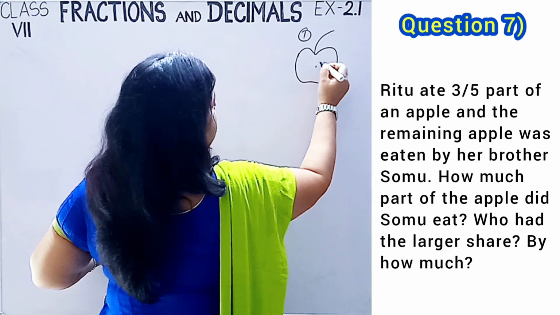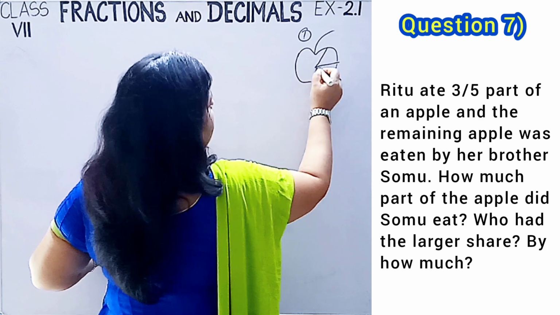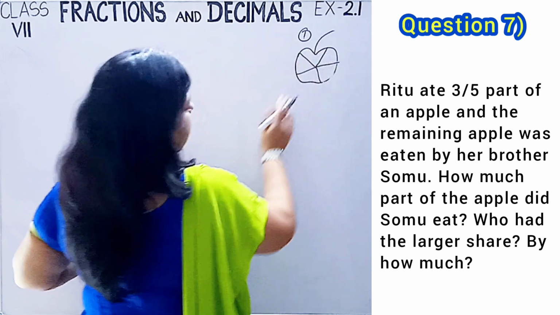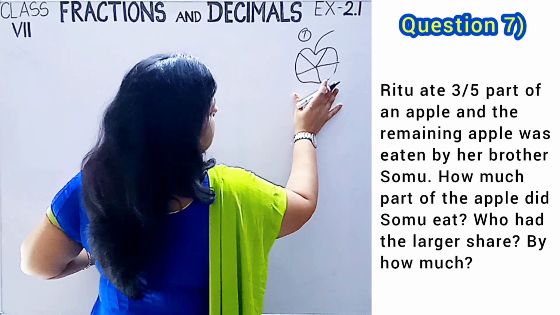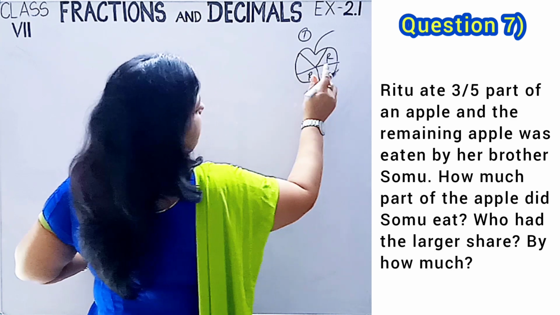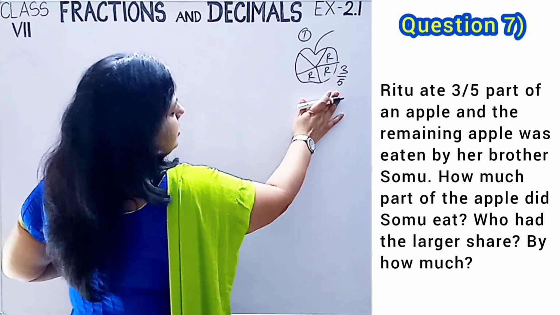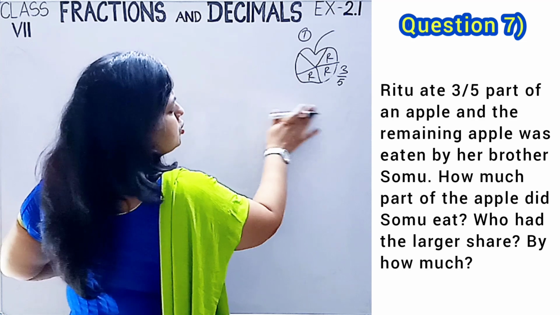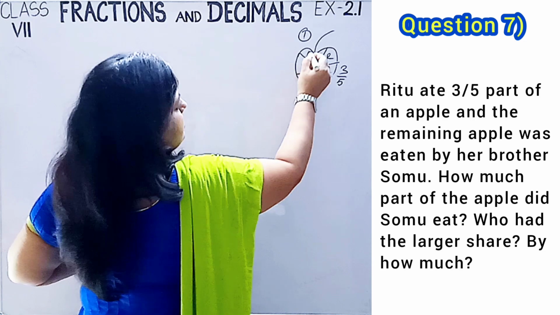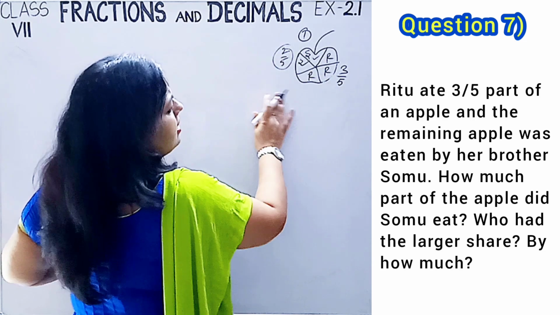So here we have to divide this apple in 5 parts: 1, 2, 3, 4 and 5. So 3 parts, it means Ritu ate these 3 parts. So 3 by 5 parts eaten by Ritu. The remaining parts are eaten by Somu. So clearly we can see here that these are 2 parts which are eaten by Somu. It means the answer is 2 by 5, but here we have to follow steps.